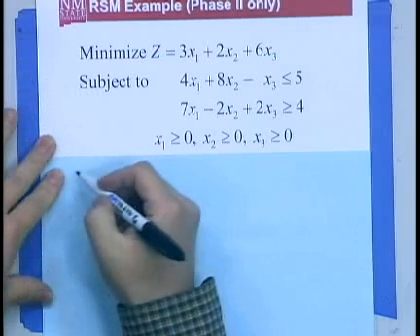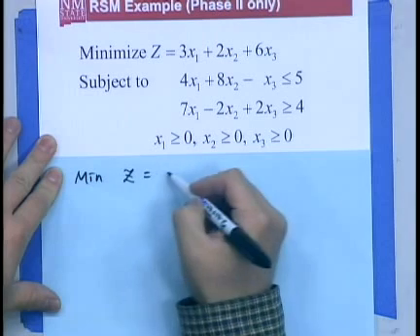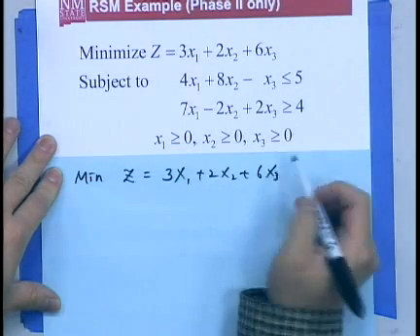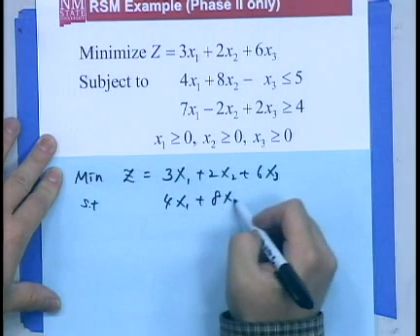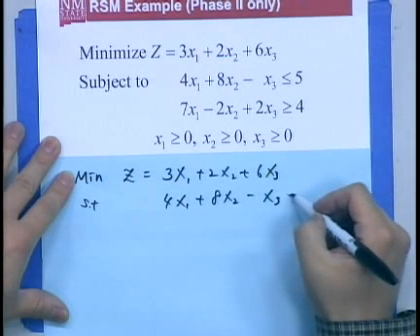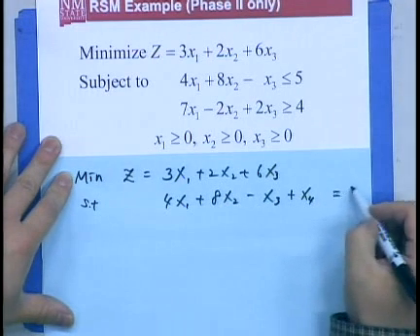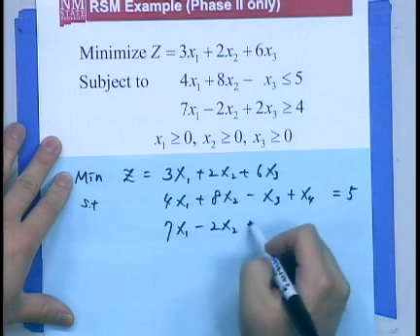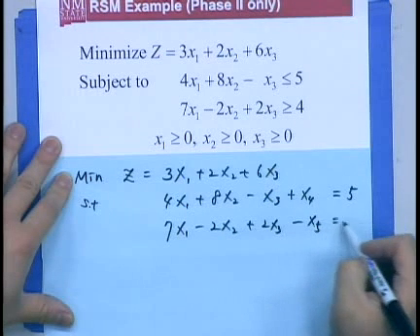So this LP can be rewritten as this. For x1, 8x2 minus x3 plus x4 becomes 5. 7x1 minus 2x2, 2x3 minus x5 equals 4, right?